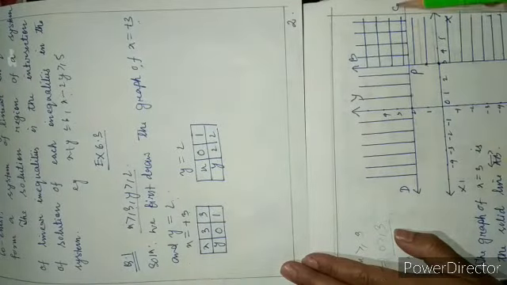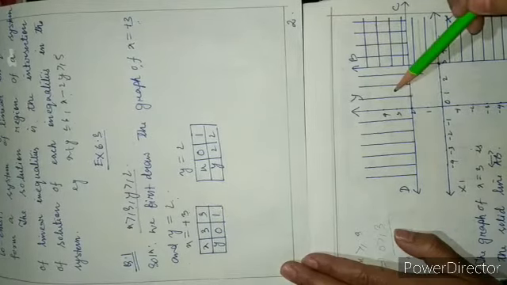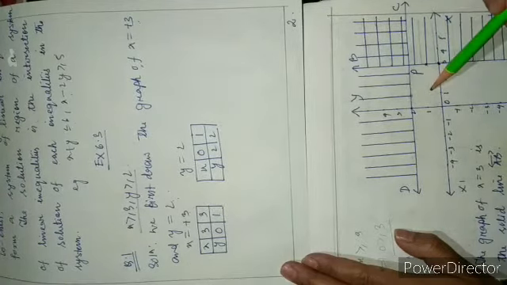This line CD divides the Cartesian plane into two half planes, the plane above the line CD and the plane below the line CD.